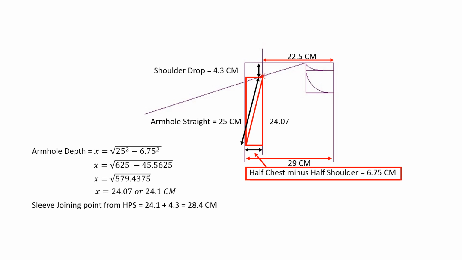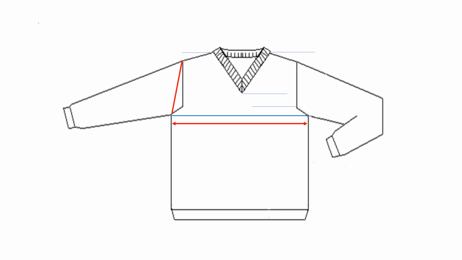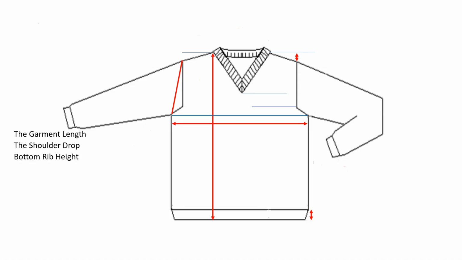And its square root is equal to 24.07, or 24.1. The depth of this joining point from HPS is equal to 24.1 plus 4.3, which is equal to 28.4 centimeters. Once this point is determined, the rest of the calculations along the length of the garment can be calculated very easily.